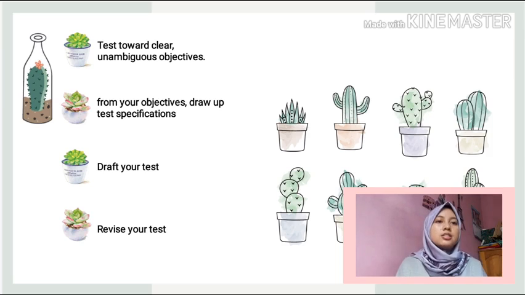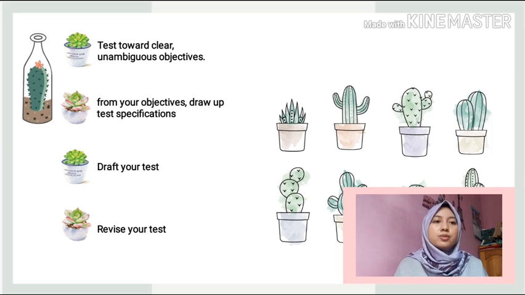And 4 is revise your test. At this stage, you will do everything you have done and ask a number of important questions. Are the directions to each section absolutely clear? Is there an example item for each section? Does each item measure a specified objective?